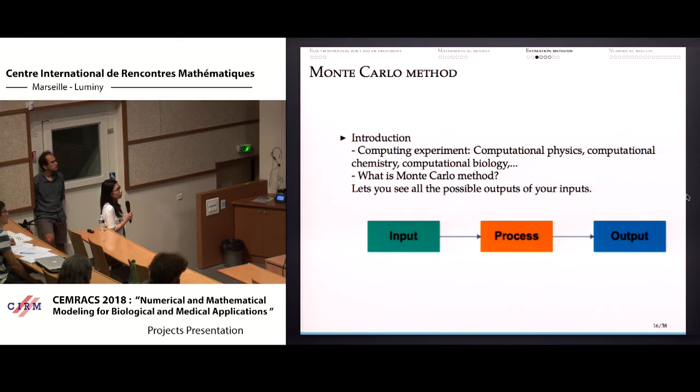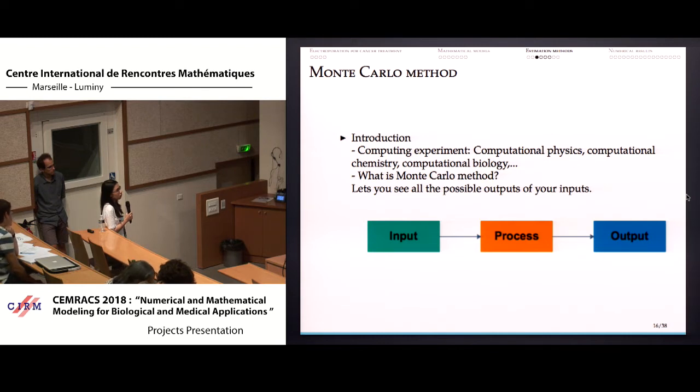These areas include computational physics, computational chemistry, and computational biology. Monte Carlo methods is one of the most popular computing experiment methods.